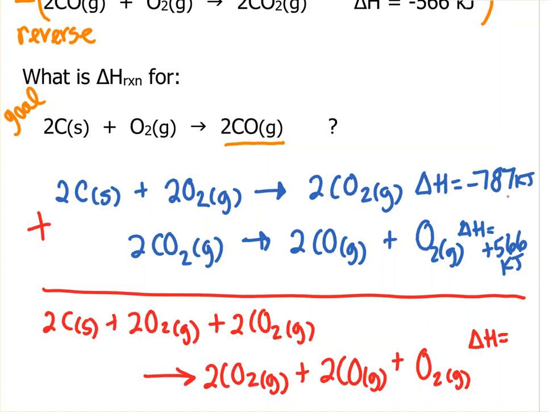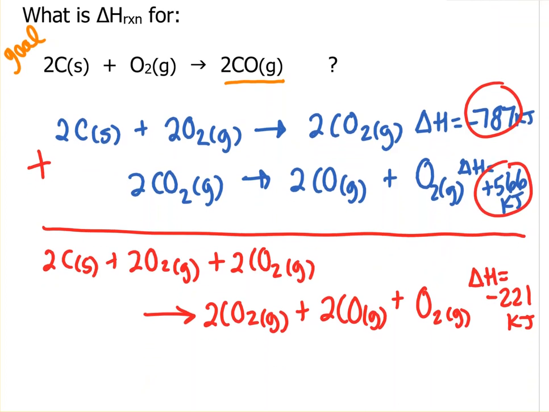And so what I'm doing, just adding these 2 numbers, I get a negative 221. Okay, and so that is the answer that we're looking for, that I just added these 2 after I did the flipping. But let's go ahead and see. This is a way to check your work to see if it really was correct.